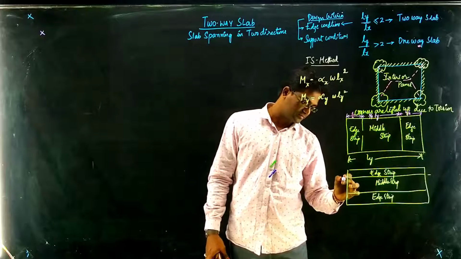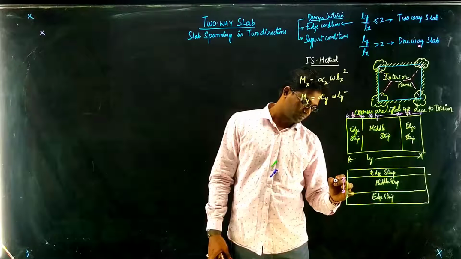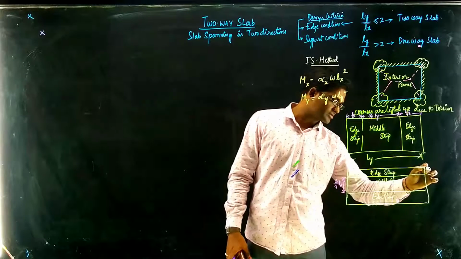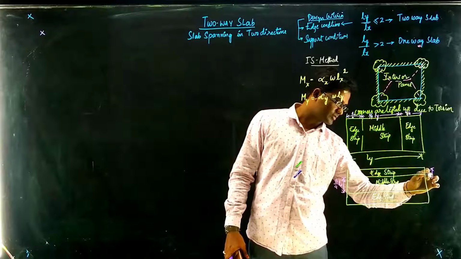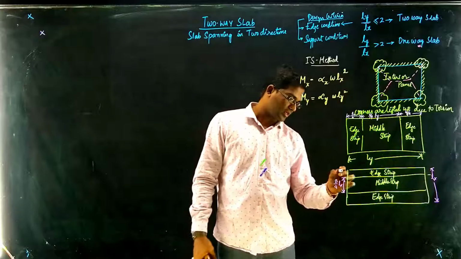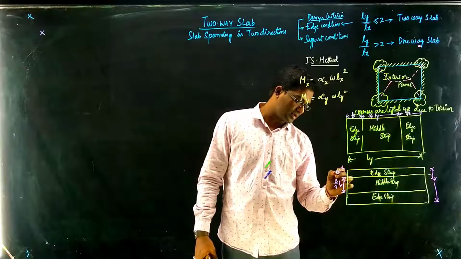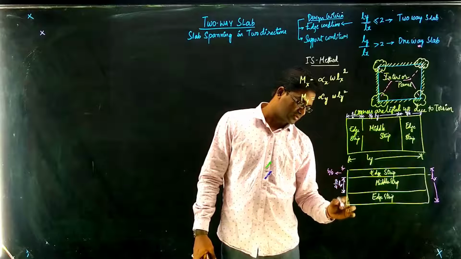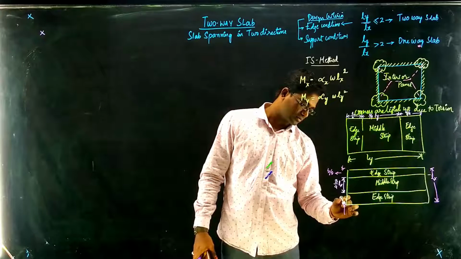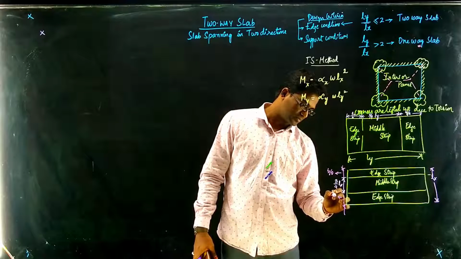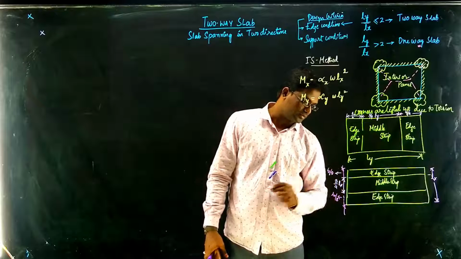Similarly, this is 3/4 of Lx, because this is the shorter direction span, and the balance is Lx by 8 on each side.